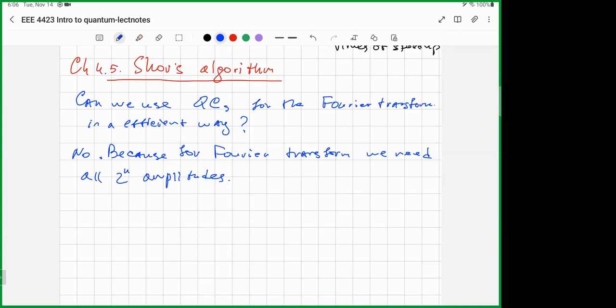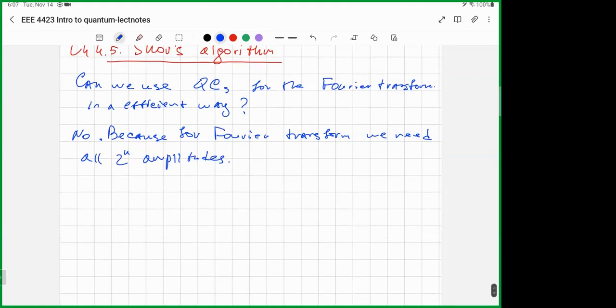However, quantum computing can find the periodicity of functions, of data, or of a set of numbers, which is a simpler problem, right? The Fourier transform also finds patterns.